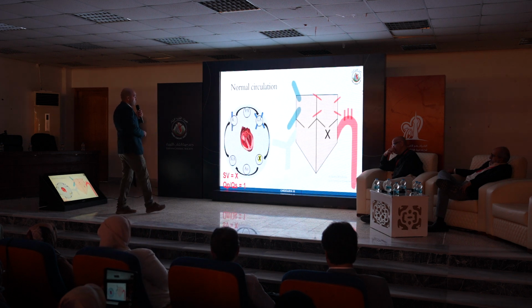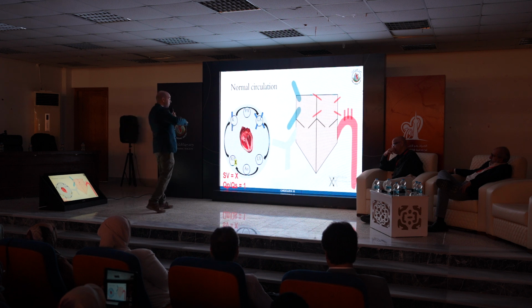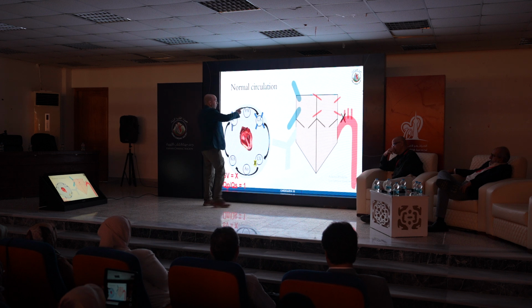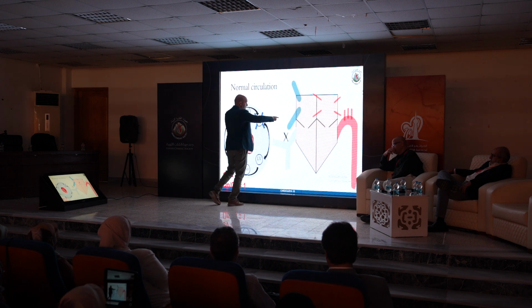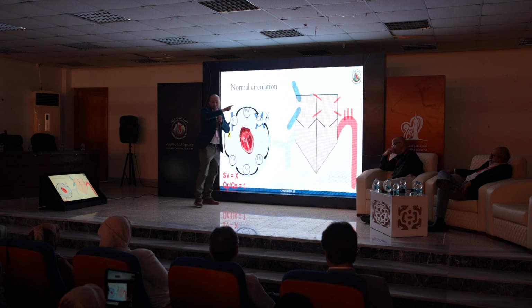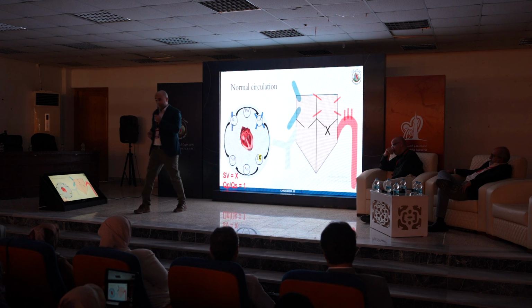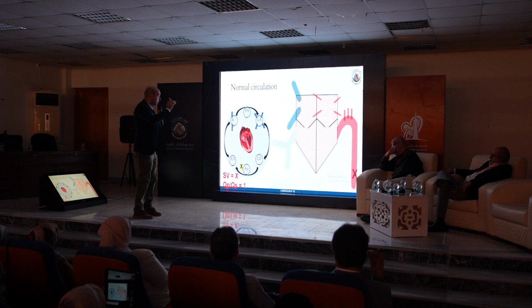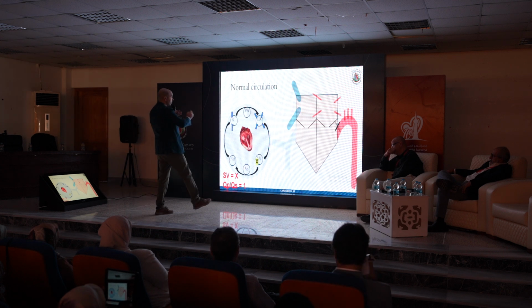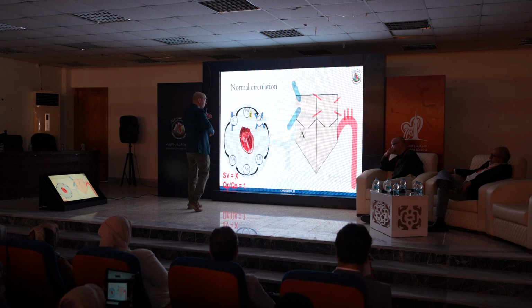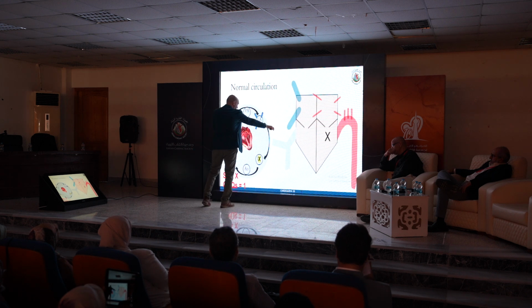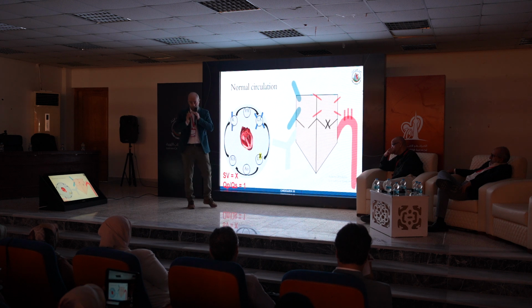In normal circulation, the blood pumped from the ventricle returns back via the superior and inferior vena cava to the right side, and then right ventricle and to pulmonary veins, and so on. The blood volume that goes to the aorta should become the same volume to the superior and inferior vena cava. The blood pumped via the pulmonary artery should go to the pulmonary veins at the same volume.